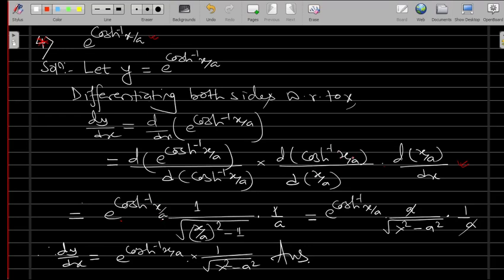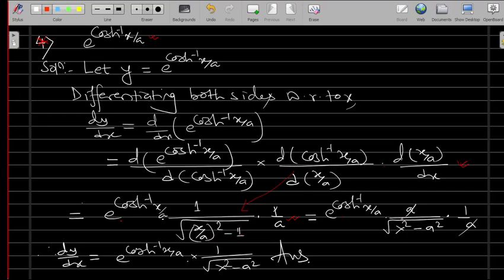The derivative of hyperbolic cos inverse x by a is 1 over root under x by a square minus 1. The third part, the derivative of x by a, is 1 by a. Now the first part is the same, x square minus a square by a square, which goes off by removing the radical sign of the denominator.